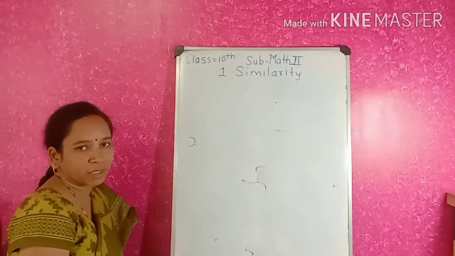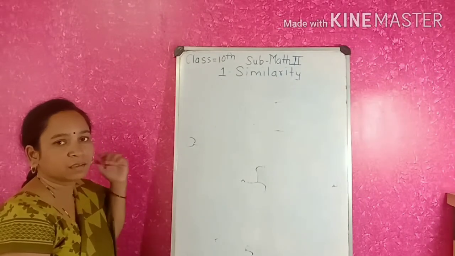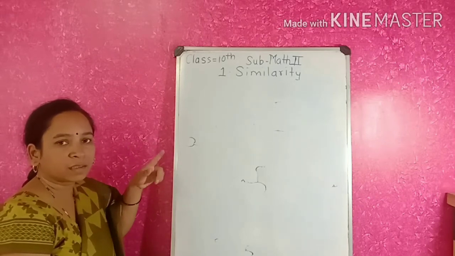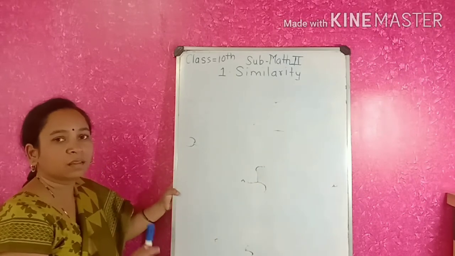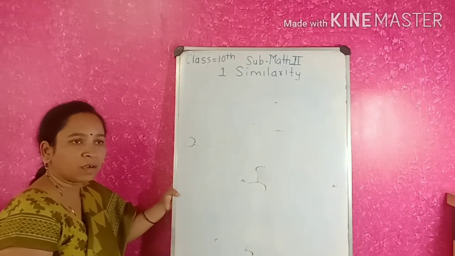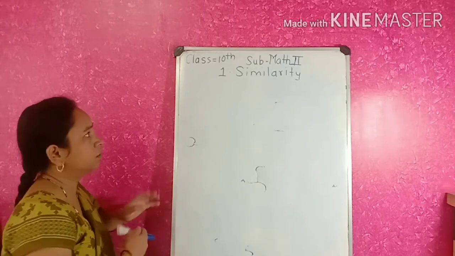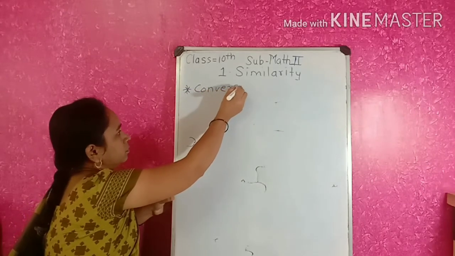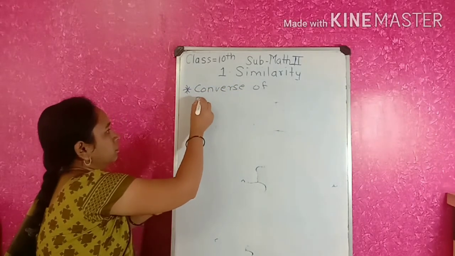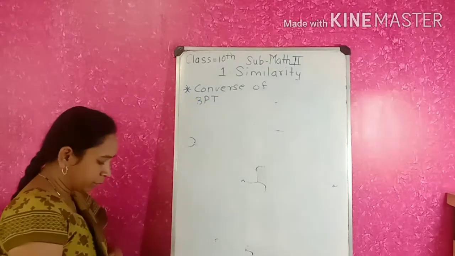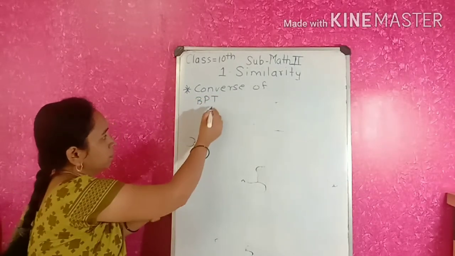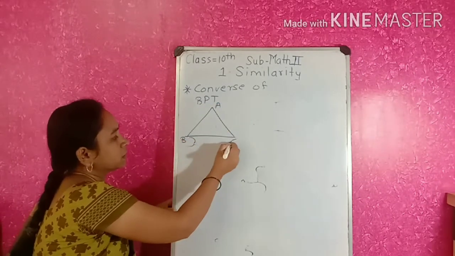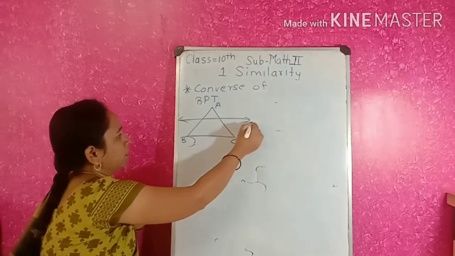Students, in the basic proportionality theorem, we have seen that if a line is parallel to the third side of a triangle, then the line divides the remaining two sides in proportion. Now let's see the converse of the BPT theorem. Here this is triangle ABC and this line is parallel.